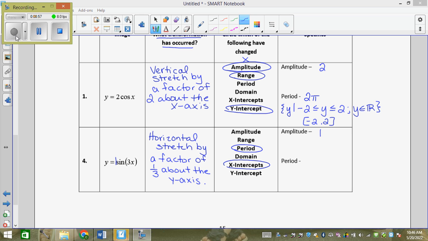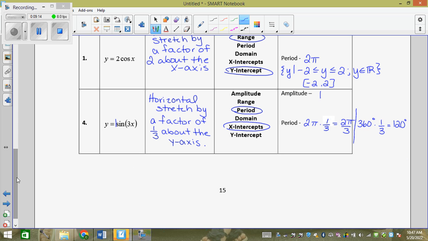The period is 2 pi times 1/3, which is 2 pi over 3. Or, yeah, 360 degrees times 1/3, which is 120 degrees. What is my range? Because I'm going to add it. Y such that -1 is less than or equal to y, less than or equal to 1, because the amplitude hasn't changed, just that one.